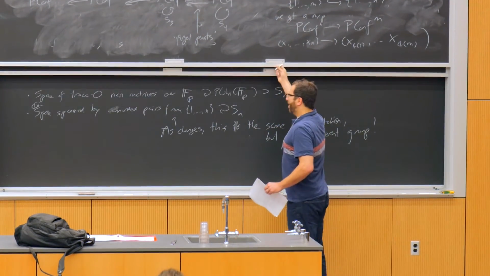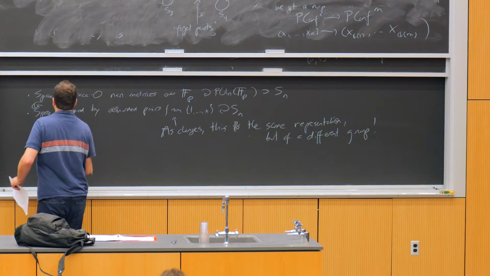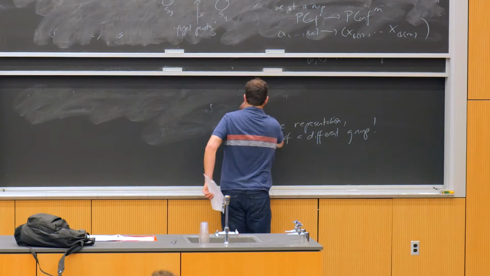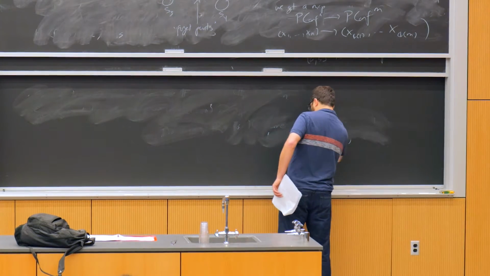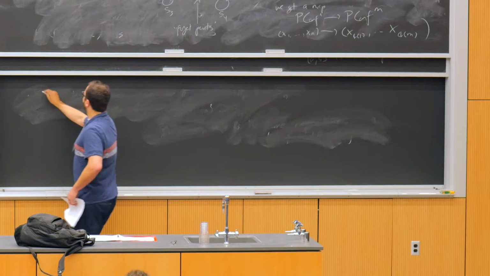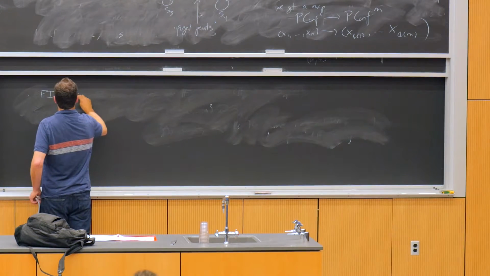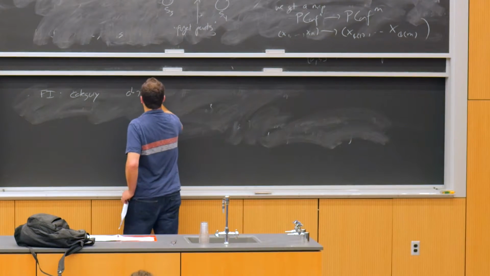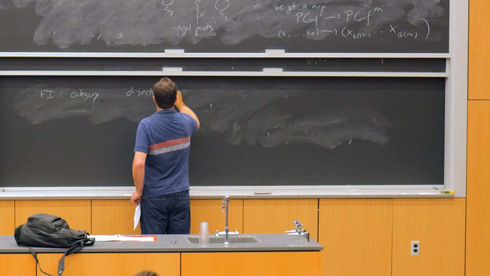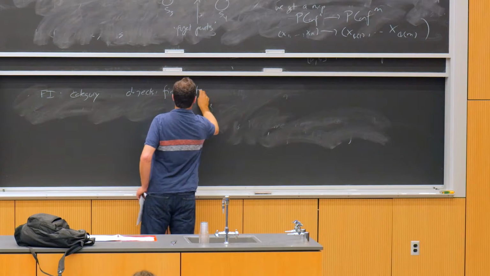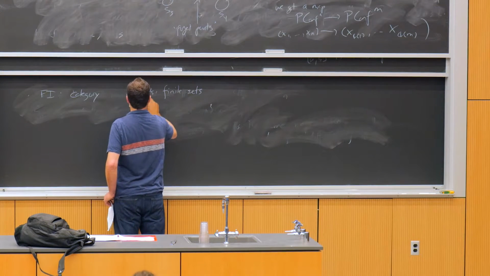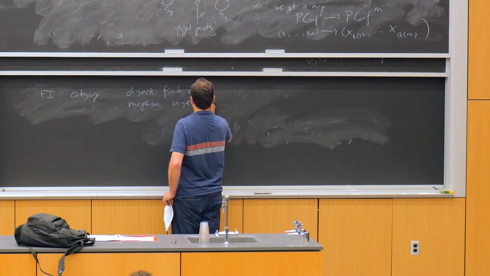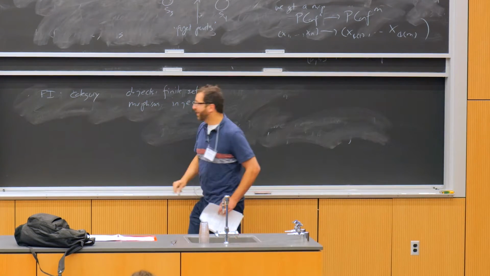And so if we want to be category theorists about it, what we would say is this. Let's let Fi be the category whose objects are finite sets and whose morphisms are injections.